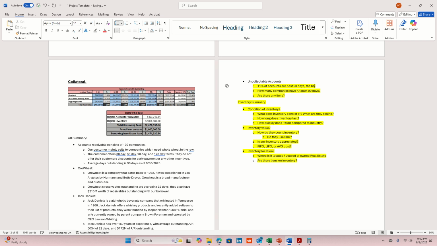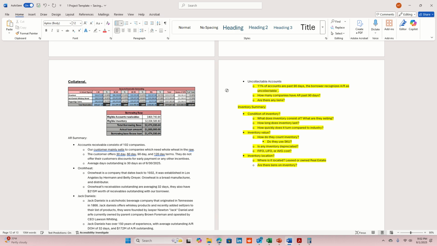The borrower recognizes AR as uncollectible at 120 days. This makes up a total of $108 M.